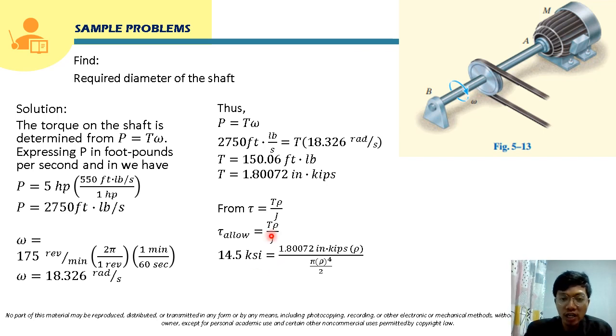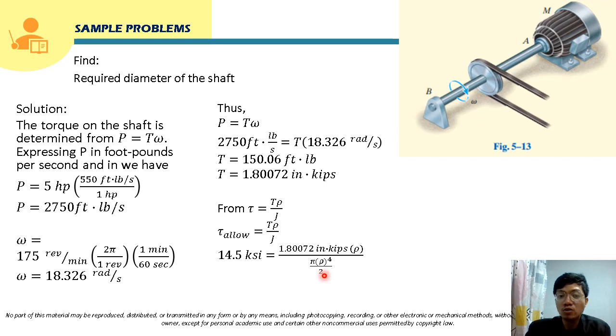Over J. So J here, class, the polar moment of inertia for a solid circular shaft, is pi times the radius, which is the rho here, to the fourth over 2. So we can now solve rho from here. This rho in the numerator can be cancelled, and this rho to the fourth will become rho cube.